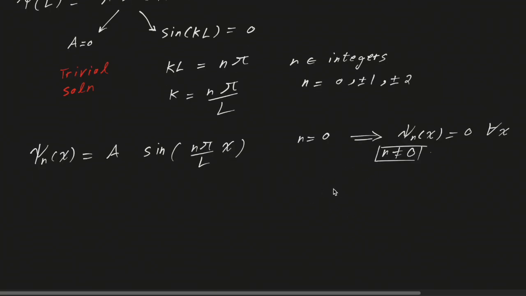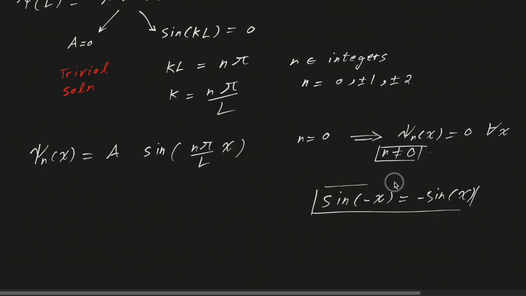Okay, so what about the negative values? Well, you always know that when you have a sine function and you take sine of minus x, it's equal to minus sine of x, because it's an odd function. You can take the minus outside of the function and it's exactly the same.